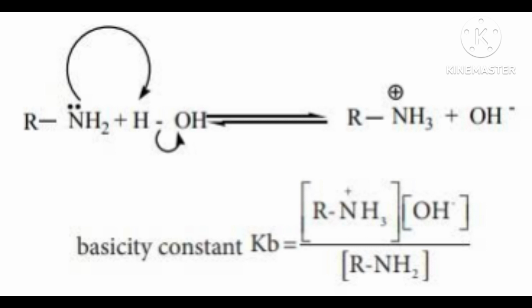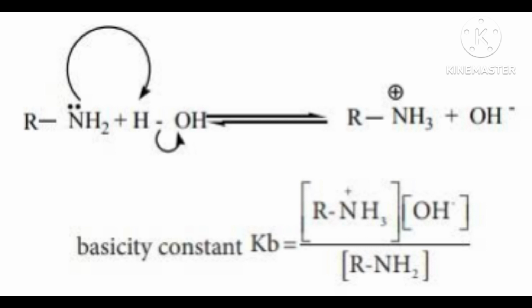Then if you know some common values, not all, then you can answer the question very easily. Larger the value of Kb, okay, or smaller the value of pKb, stronger is the base. Okay, pKb value of ammonia is 4.75.